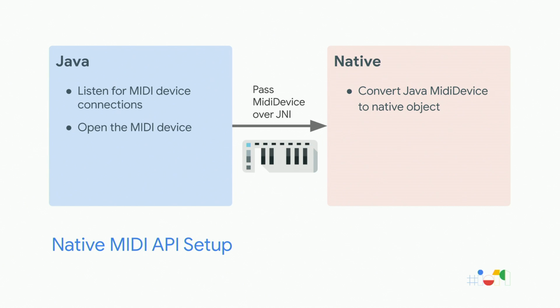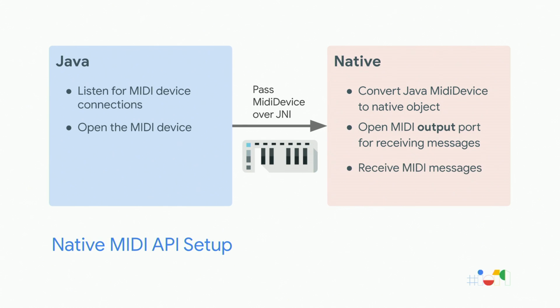You convert that from a Java object to a native object, and then you open an output port on the device itself, which you can receive MIDI messages from. And then you can start receiving MIDI messages. Now, because we're short on time, I'm just going to focus on this very last part, receiving MIDI messages. But there's source code online which shows you how to do the rest of this. So if we could switch back to the machine, please.